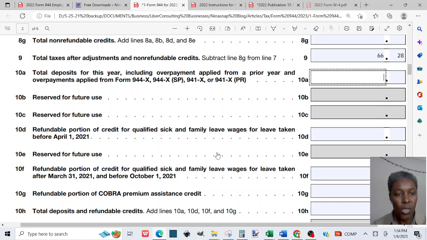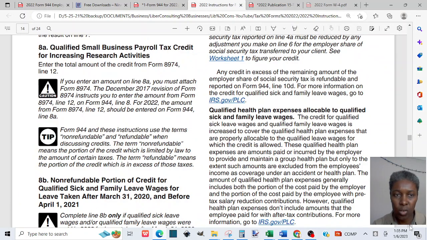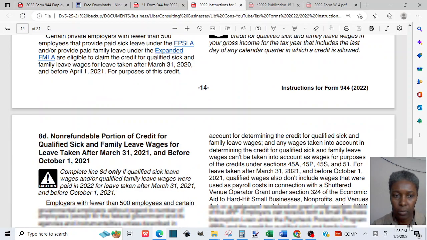Line 10C, none. The refundable portion of the credit that I talked about above on line 8 will go on line 10. So if you have that, you might want to go through the instructions to read how to complete that portion and learn more about it.